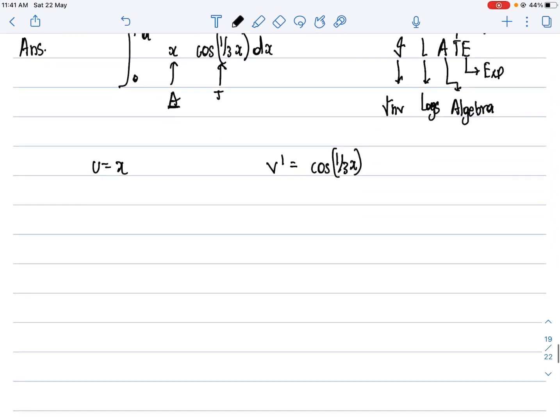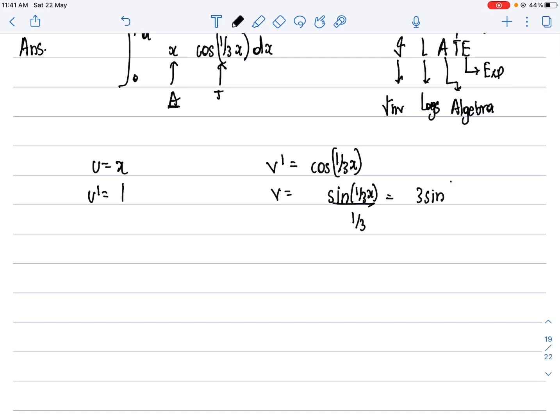Now u dash, the differentiation of x, is 1, and v, the integration of cos 1 over 3x, is sine 1 over 3x over 1 over 3, which can be written as 3 sine 1 over 3x. Now I can use my formula uv with the limits minus the integration with the limits of v u dash.